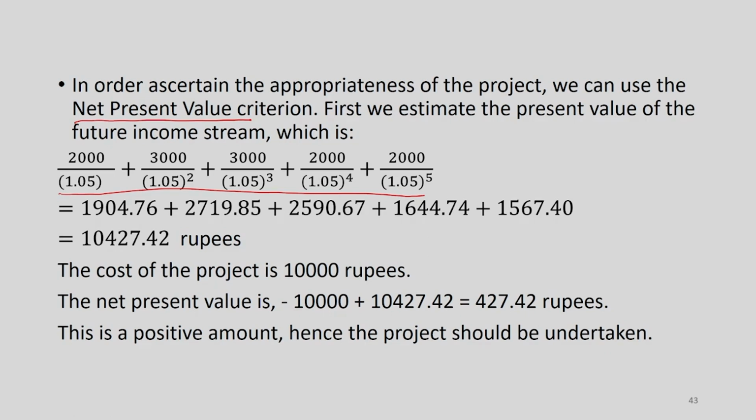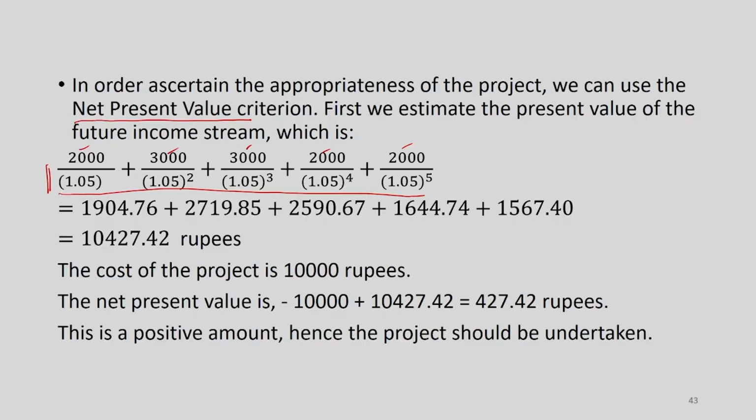So in this case, this stream 2000, 3000, 3000, 2000, 2000, we have to find the present value of that, and that is what we have done here. So this is the present value. We have taken for example 2000, which is accruing to him in the next year.